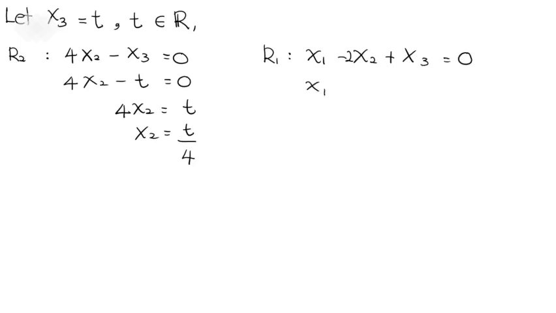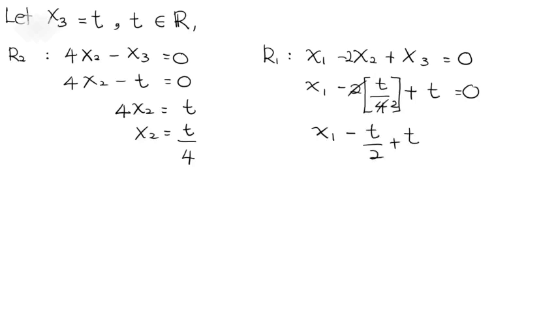So x1 minus 2 times t over 4 plus t equals to 0. So x1 minus t over 2 plus t equals to 0.